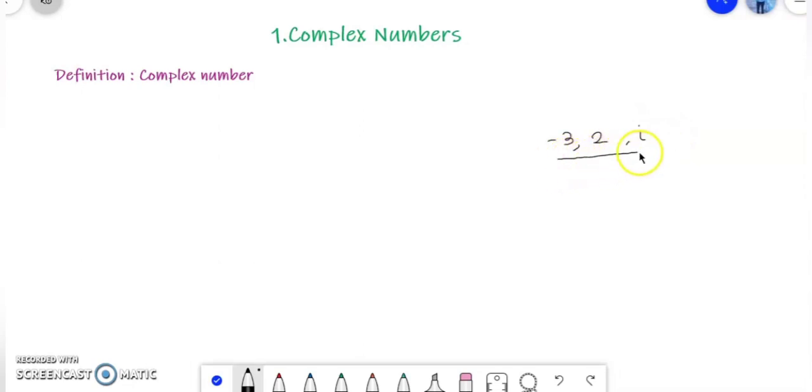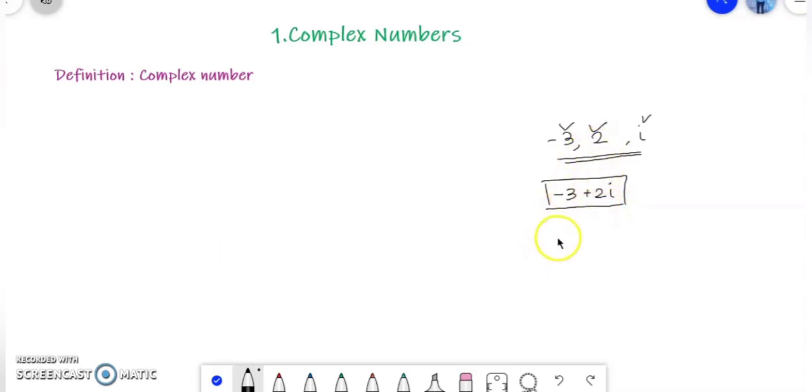Now making use of these three things, you can form this number minus 3 plus 2i. This is a complex number. So for a complex number, you need two real numbers and the imaginary unit. I have taken real number minus 3, real number 2, and I used i with 2. I got minus 3 plus 2i.